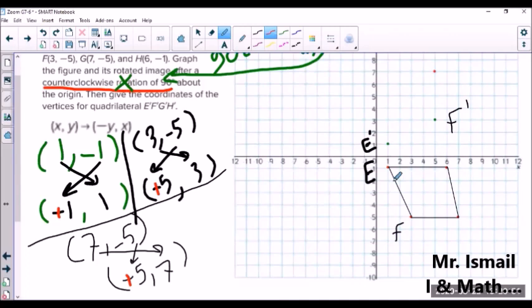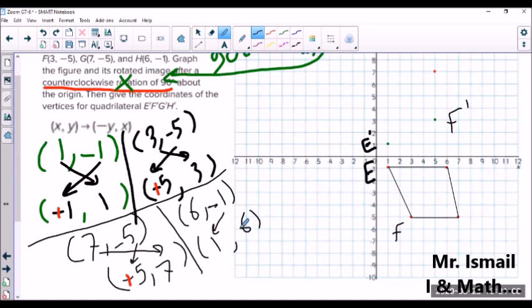This is G prime. The last one, (6, -1). Switch them, (-1, 6), and don't forget, you have to multiply y by -1 to be plus 1. So (1, 6) will be here. Now bring your ruler.